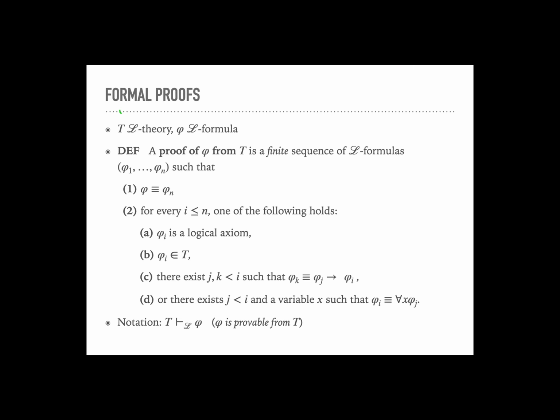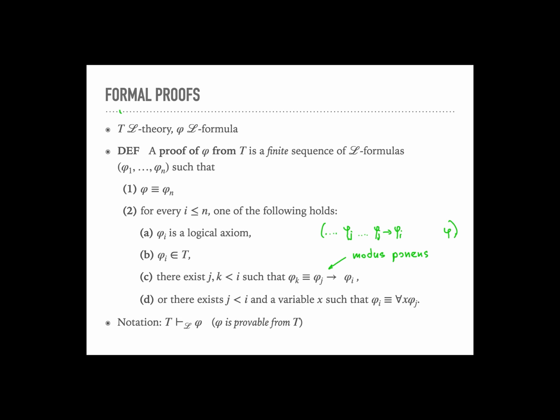So one is that at some previous point, we have derived formulas phi_j and phi_k, such that phi_k as a formula is equal to phi_j implies phi_i. This rule is called the modus ponens. To illustrate this a little bit more, suppose we have our proof, where phi will be the last formula, and suppose at some point we've derived the formula phi_j, and at some point later in our proof, we have derived the formula phi_j implies phi_i.